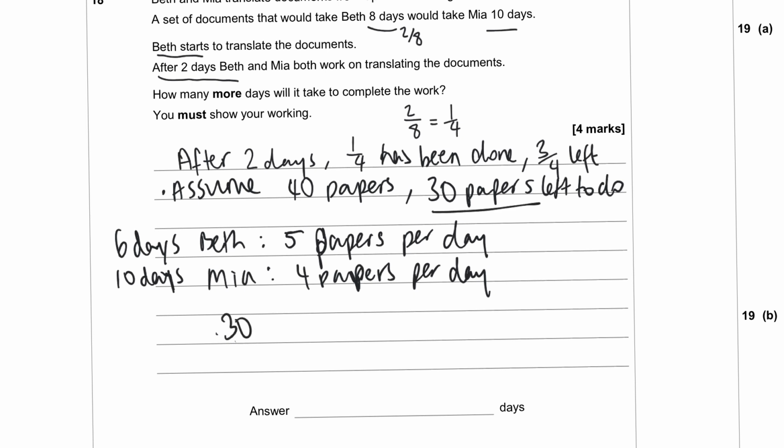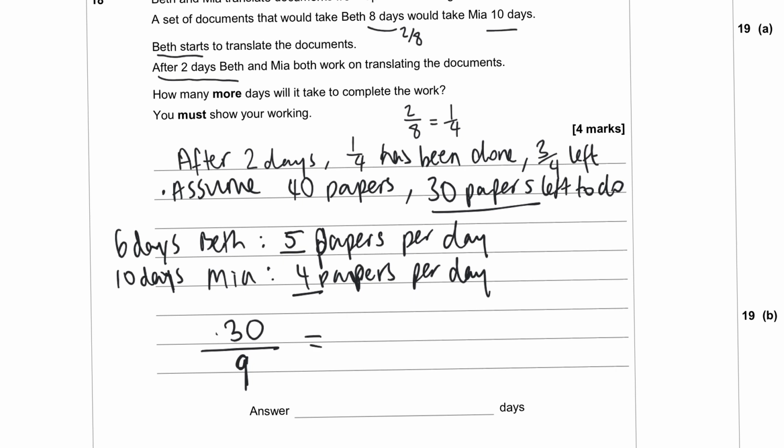Yeah, we've got 30 papers left, divided by how many papers Beth does in one day and how many papers Maya does in one day. So altogether in one day, these girls are going to do nine papers per day, bearing in mind that this is based on us assuming there were 40 papers in total.